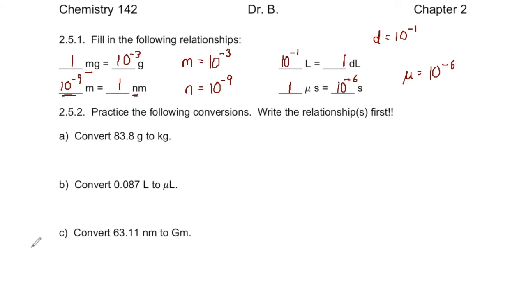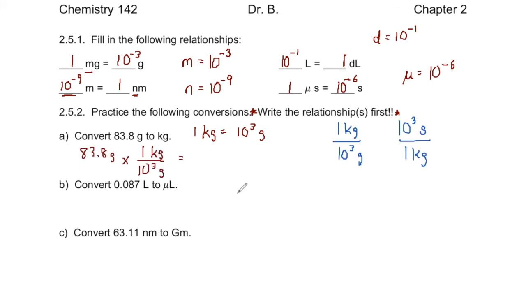Let's go ahead and practice these conversions, writing the relationship first. 1 kilogram equals 10 to the 3 grams. With this relationship, we can make these two conversion factors. We need to use this one to be able to cancel grams.